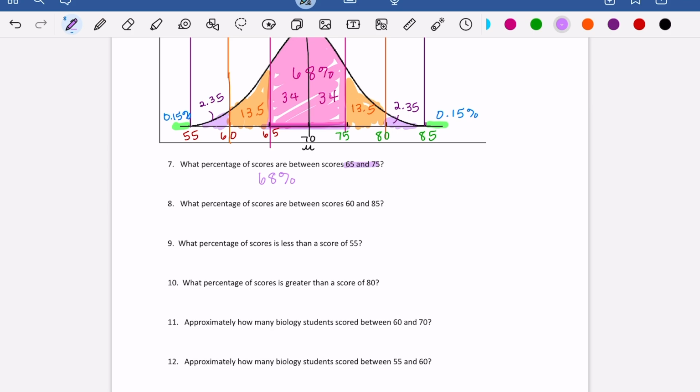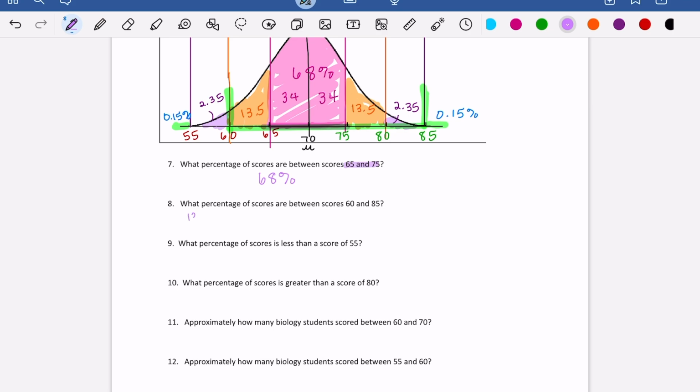Next, it says between 60 and 85. Now, sometimes it can get a little tricky. Sometimes it's not just within 2 standard deviations of the mean. So within 60 and 85, we're looking from here to here. So 60 to 85, and you're going to go right to left.